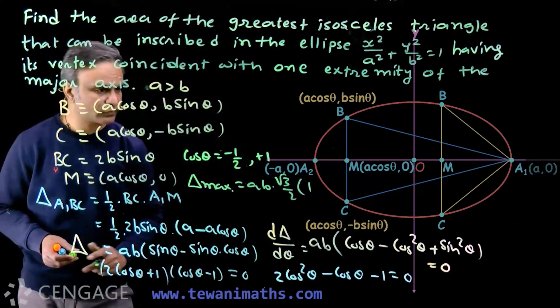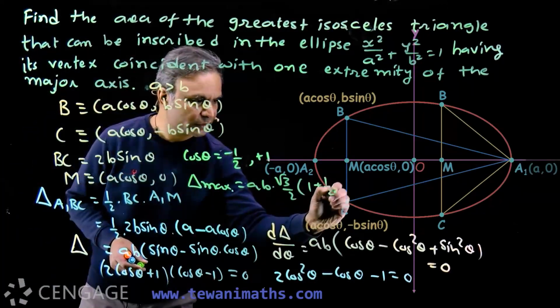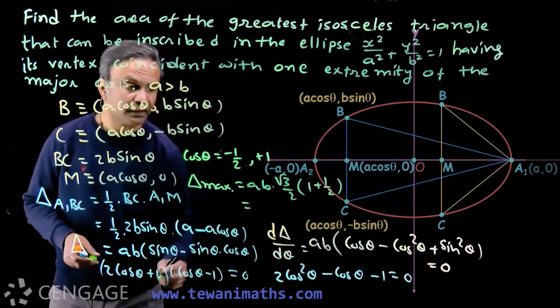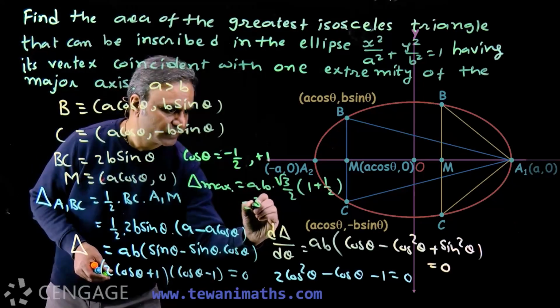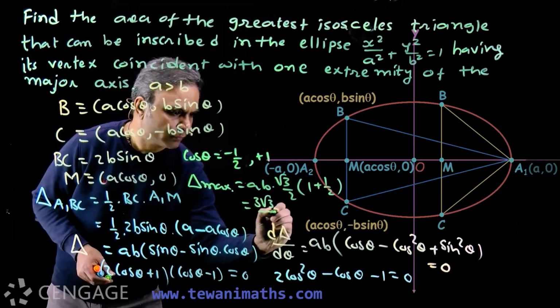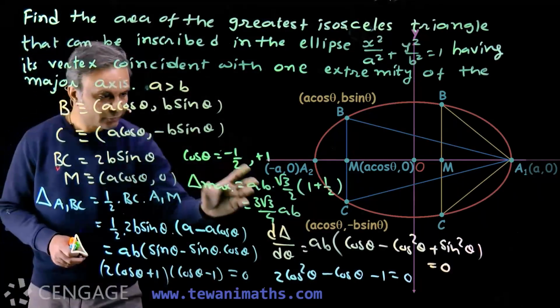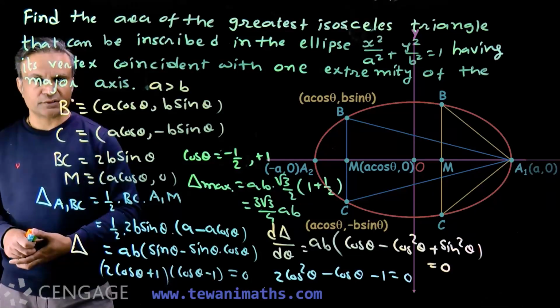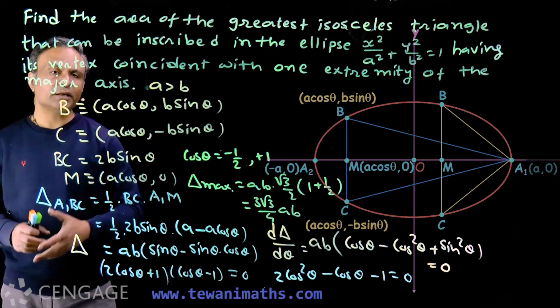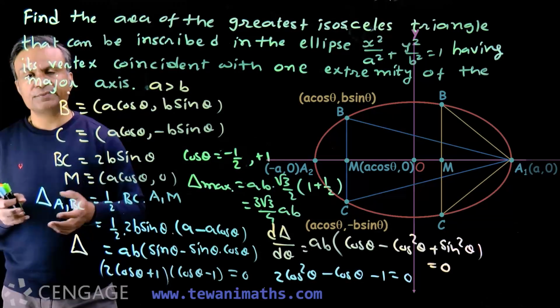Cos theta is minus 1 upon 2, so we have here 1 plus 1 upon 2. So delta max is 3 root 3 upon 4 multiplied by AB. So this is required maximum area of the isosceles triangle. ठीक है, तो यहाँ पे भी हमें पैरामेट्रिक इक्वेशन ऑफ एलिप्स हेल्प कर रहा है.